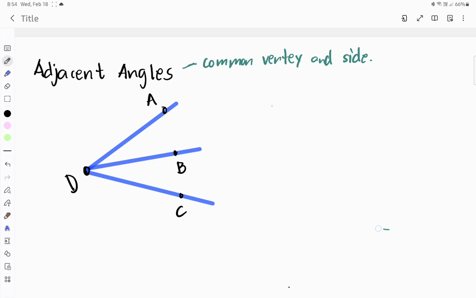When we name the three angles, we have angle ADC, the opening from side AD and then DC.